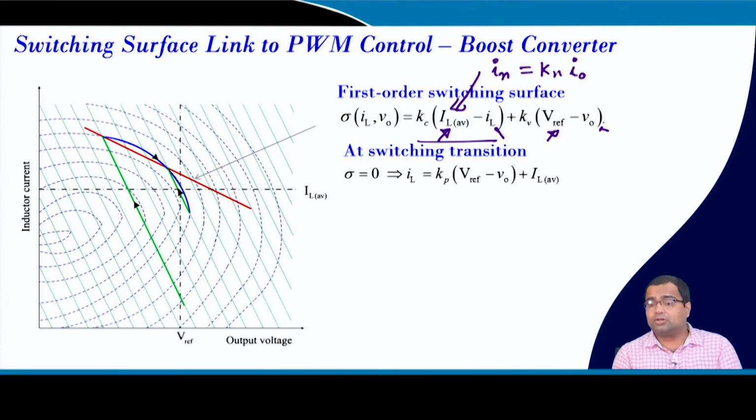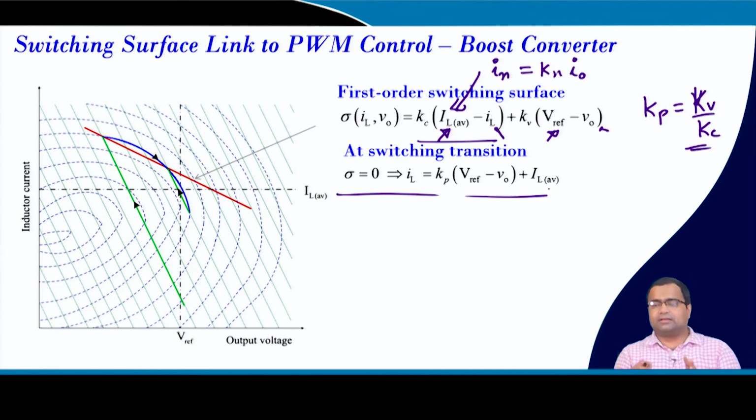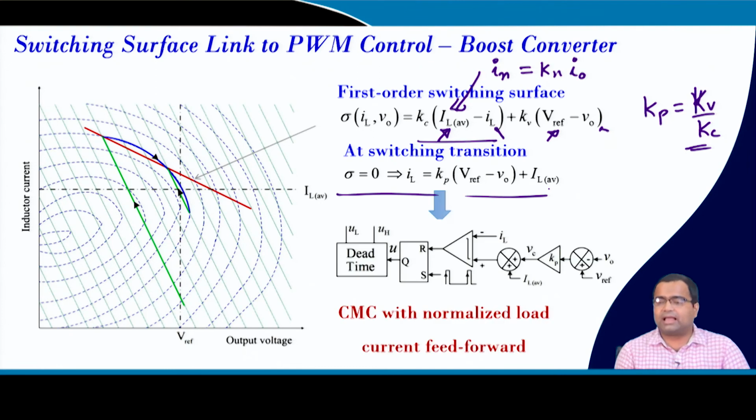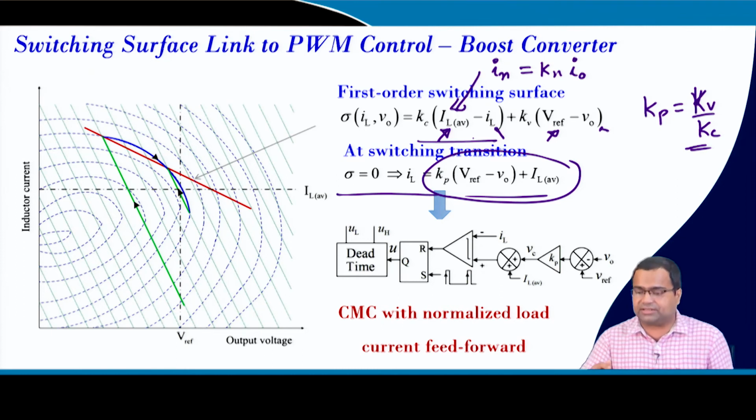And if we normalize, that means, if we make Kp equal to Kv by Kc, then you will get this switching surface, and IL is equal to this, because you have taken it at the point of switching, at the switching transition.